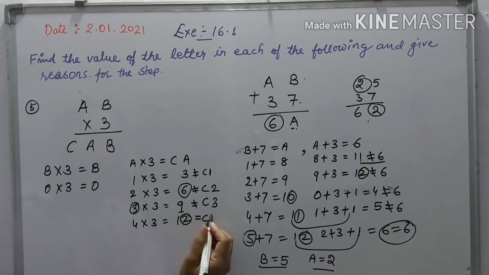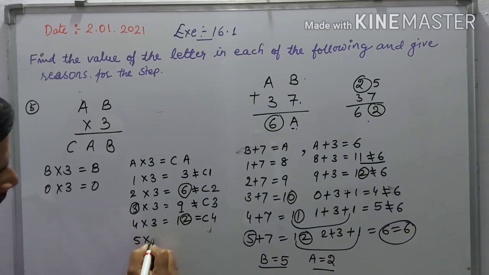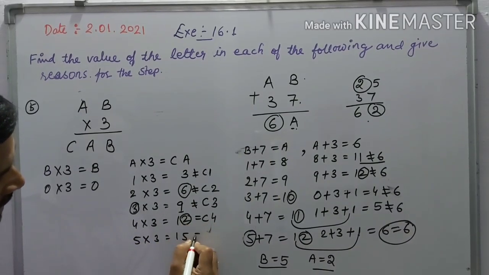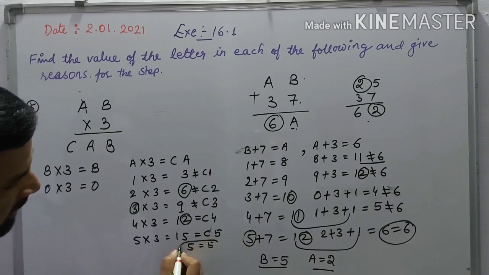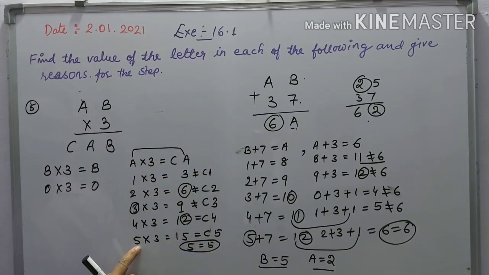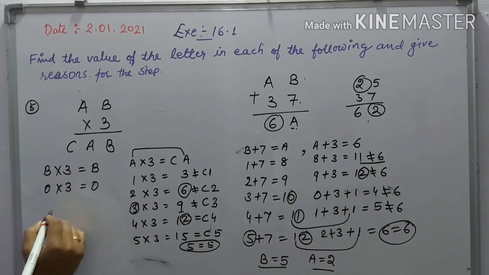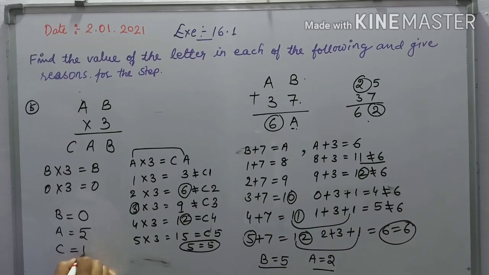Now 5 into 3 is equal to 15 and C5, so 5 is equal to 5. They are the same value. It means B is equal to 0, A is equal to 5 and C is independent, the value is 1.